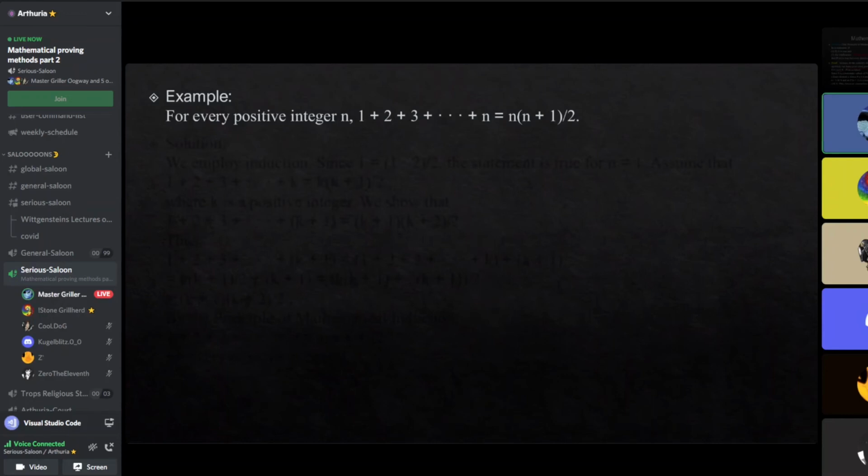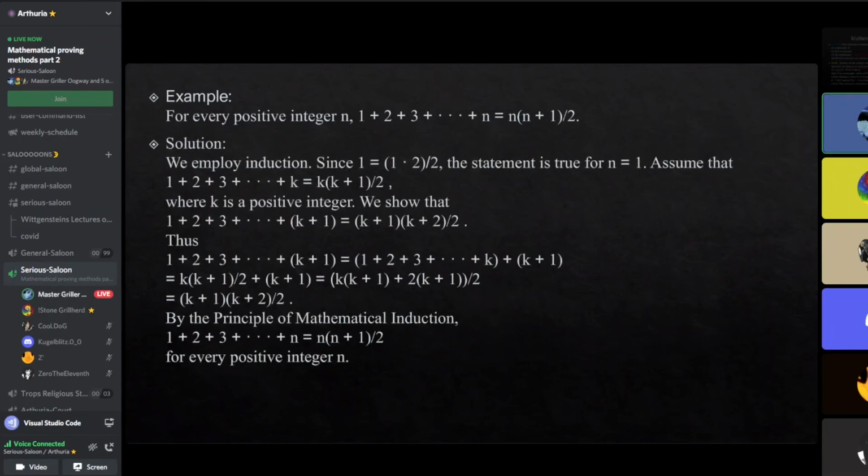The first thing you check is the base step. The base step asks: if n is equal to 1, does the equality match? If we put n equal to 1, we get 1 equals 1 times 2 divided by 2, and this obviously follows because 1 is equal to 1.